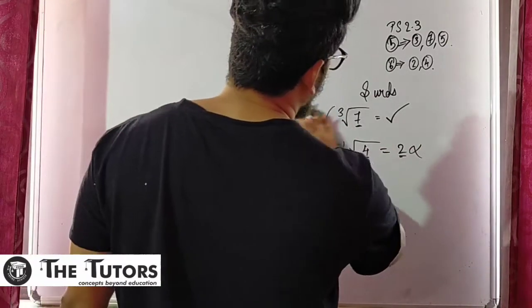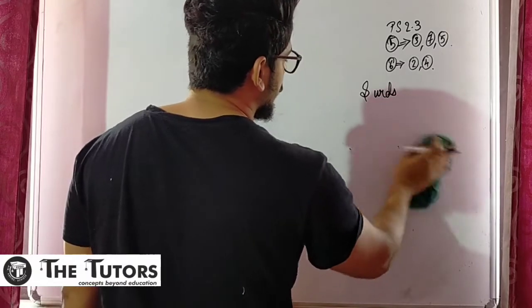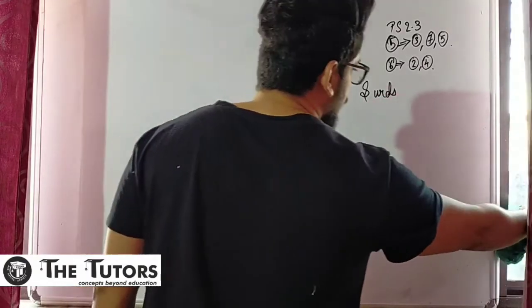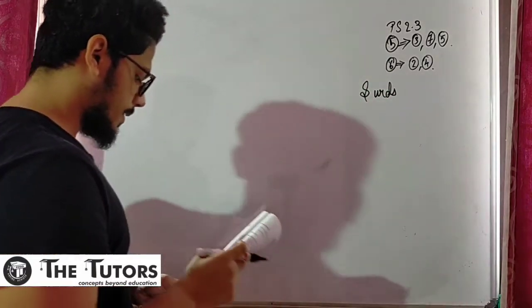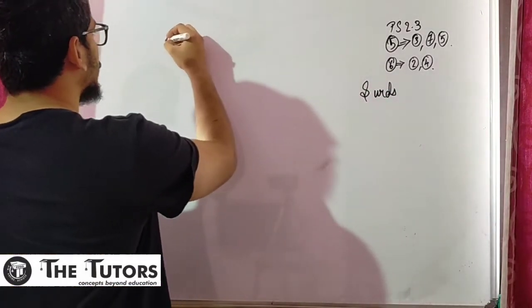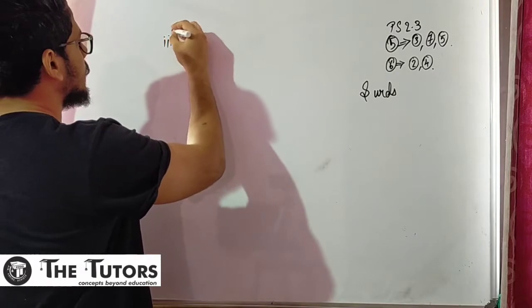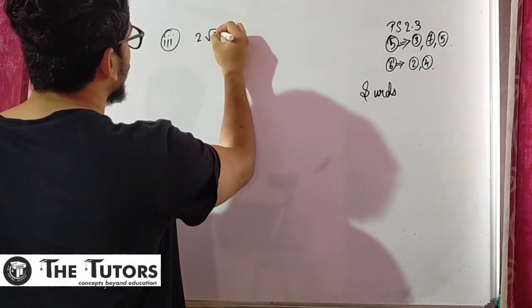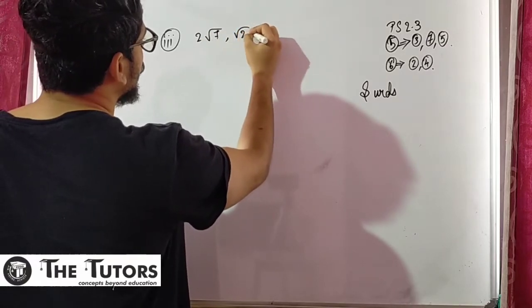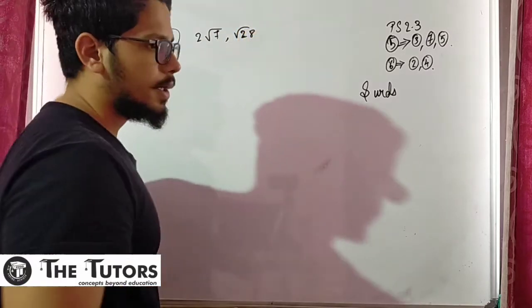Today we will be solving only 2 questions and their sub-questions. First is the 5th question, that is the third sub-question: 2 root 7, comma, root 28. Now let me tell you one thing.